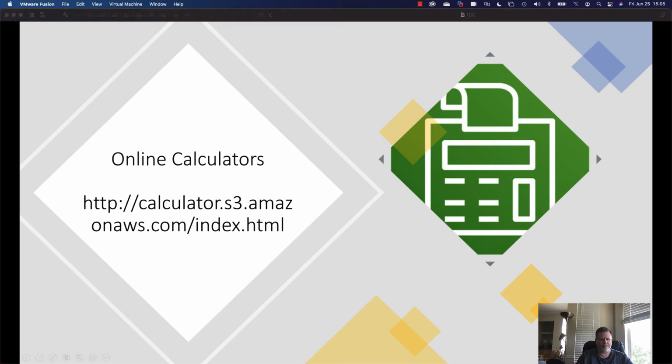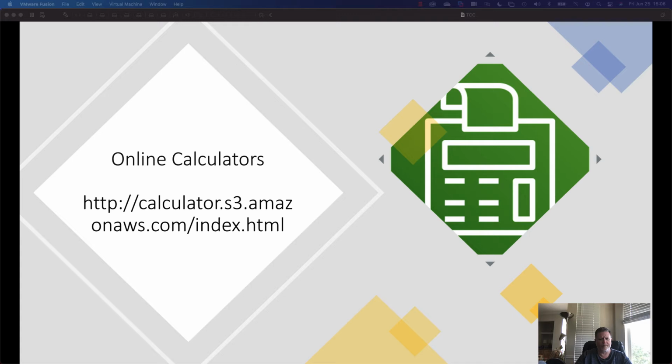Online calculators. There's another way to visualize our costs, especially with a complicated multi-level deployment, it's harder to visualize it piece by piece. So they have calculators here where you can enter all the parameters you need to get your workload running, and then it's an easy to read itemized cost sheet at the end, and it allows you to simplify your estimates, right?